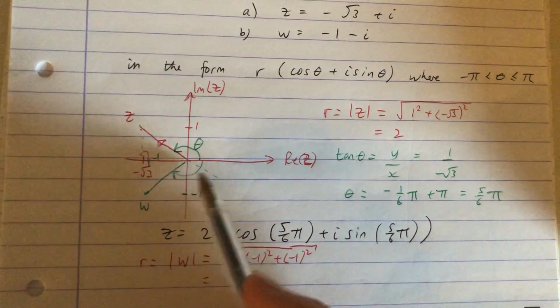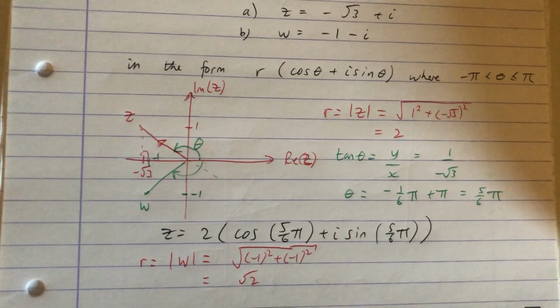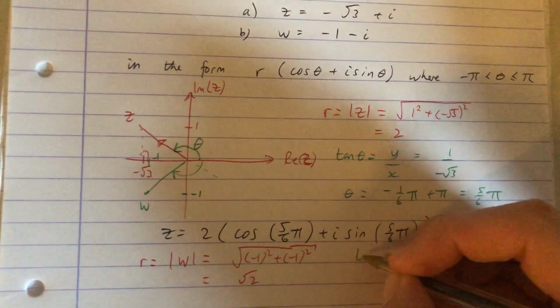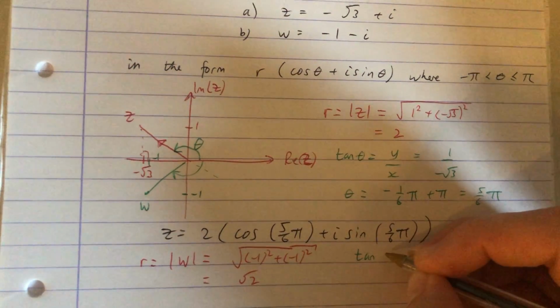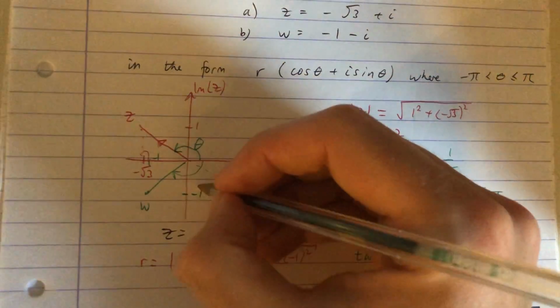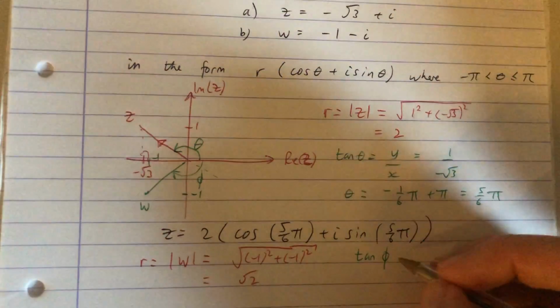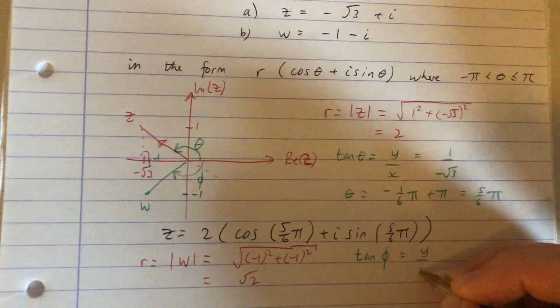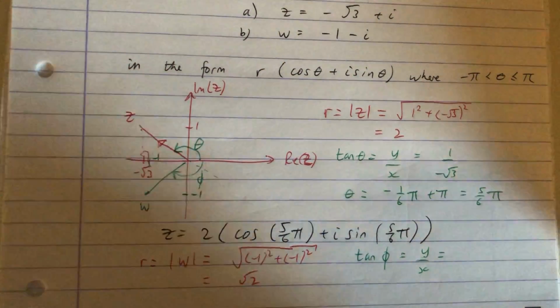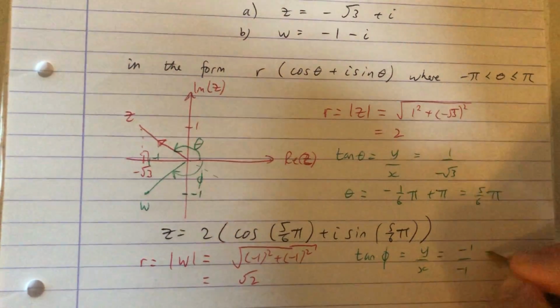So I want the negative answer for this. Okay, so tan phi, I'll call it, is always equal to y over x, which in this case is minus 1 over minus 1, which is 1.